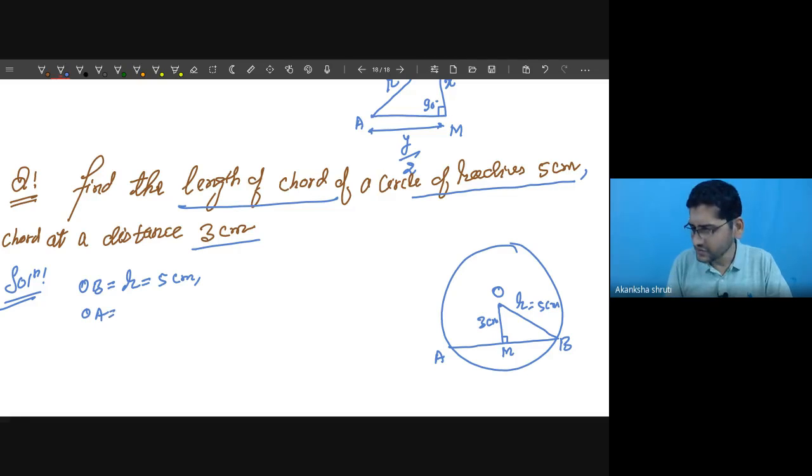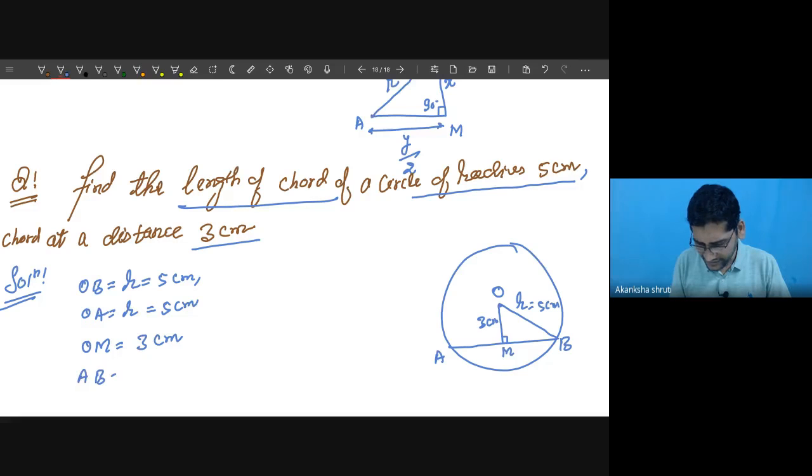And OA is equal to how much? It is the same as a radius. So whether you write OA or OB, it is the same as a radius. But here we are given OM, which is how much? 3 centimeter.